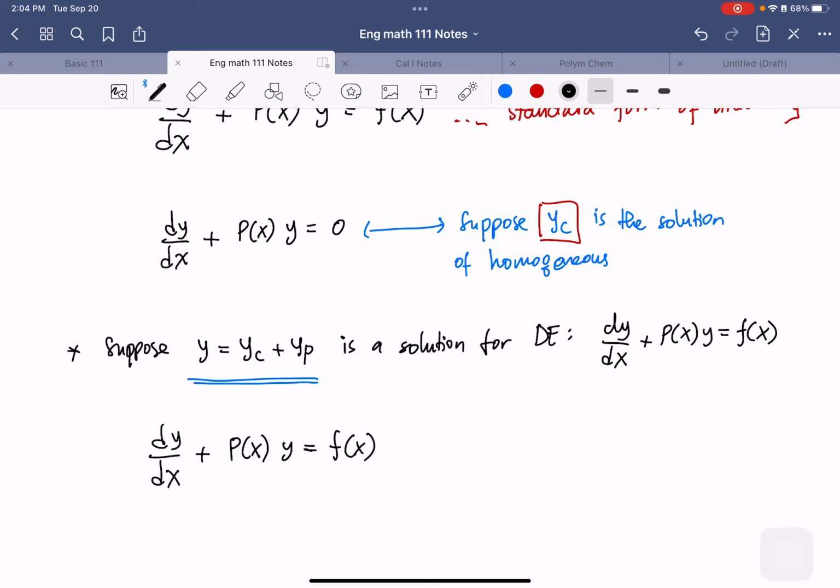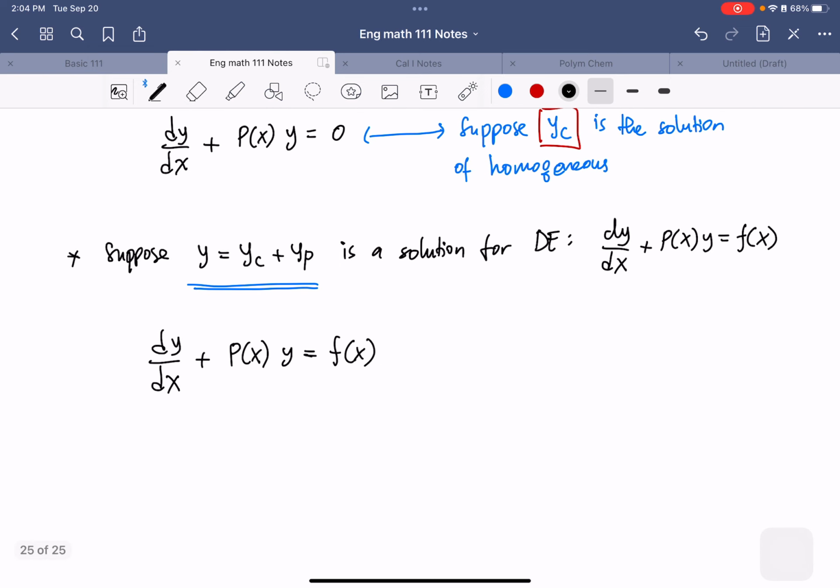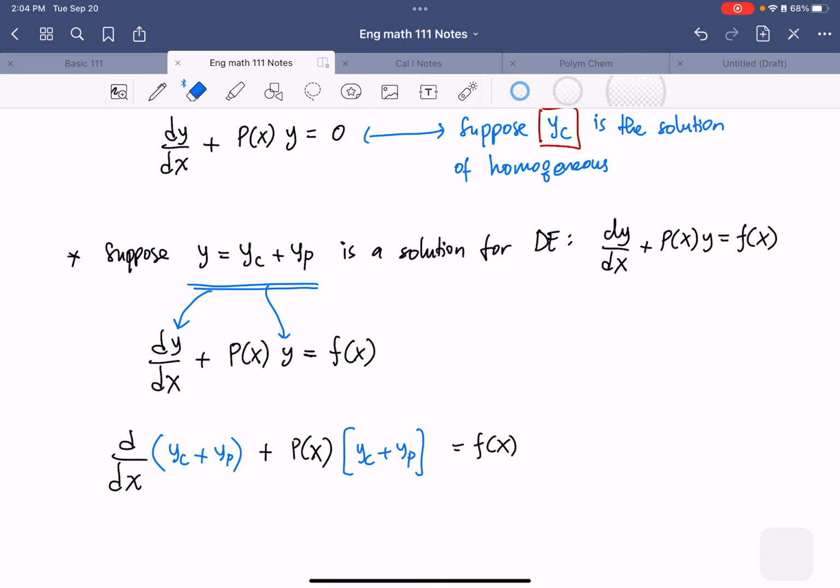Now we plug in this y, y equals yc plus yp, put here and here. So d dx of yc plus yp, plus p of x times yc plus yp, equals f of x. Let me just write the computations first and compute this to the right.